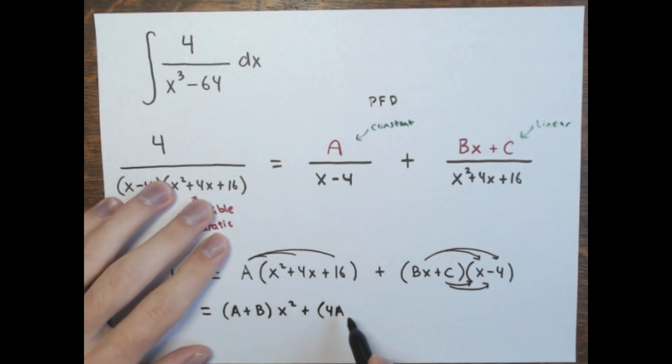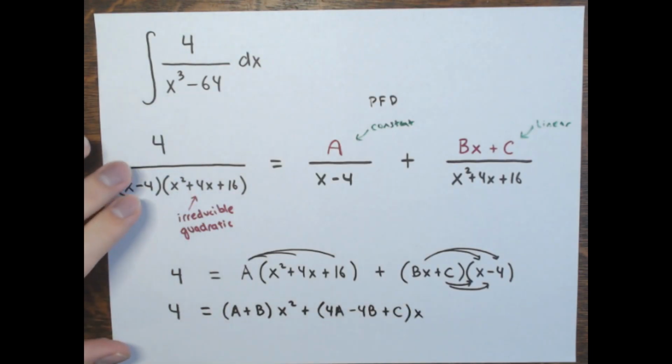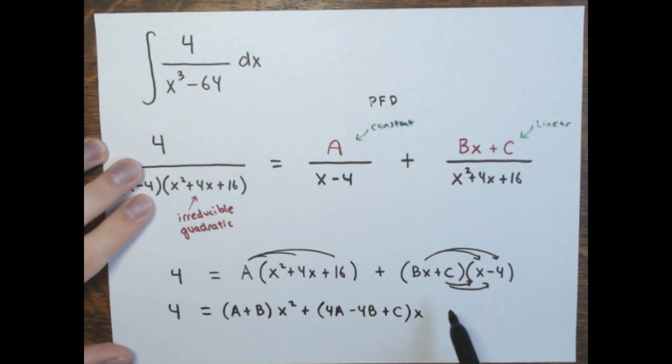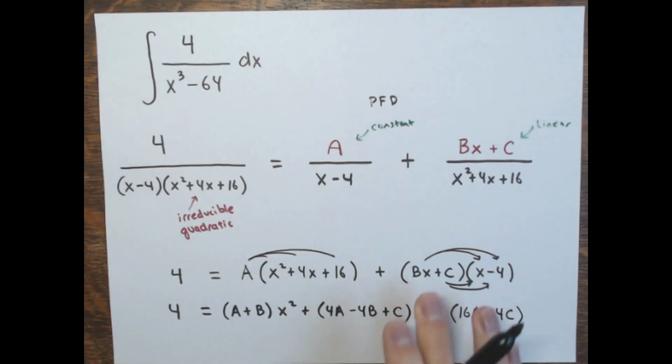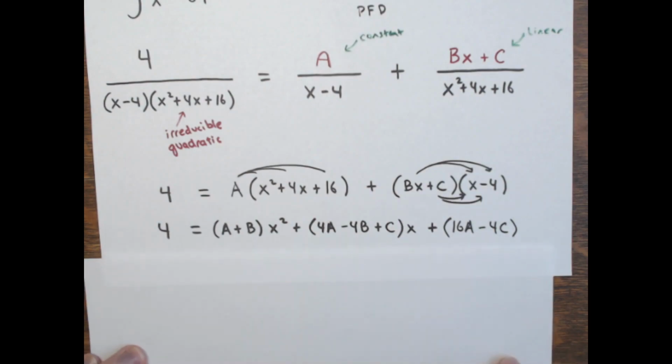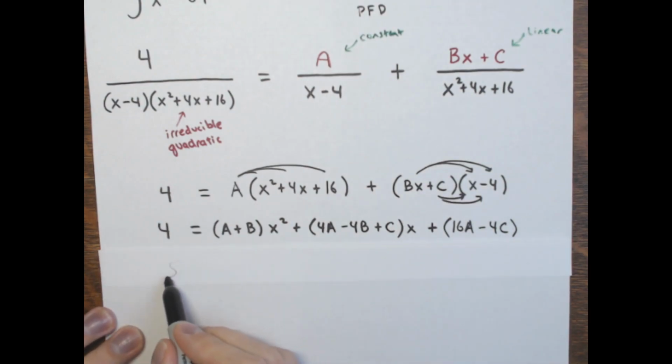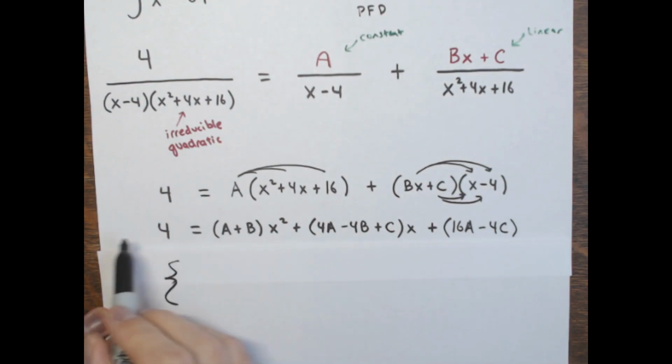So the coefficient is 4A minus 4B plus C. All those would be the coefficients of x. And then your constant terms, you'd have 16A minus 4C. Those are your constant terms. And then I'll do the thing where we're equating coefficients. The coefficients of x squared need to be the same here.